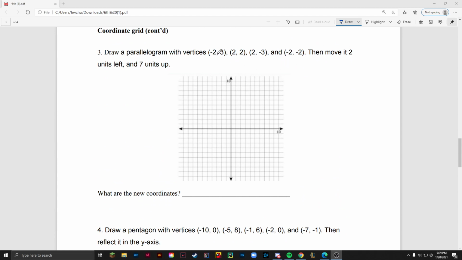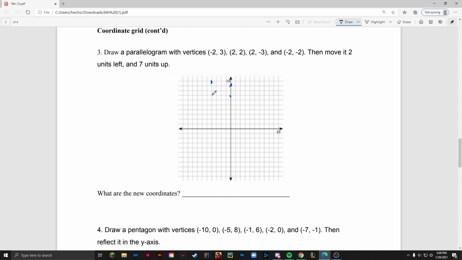So 2 units left, -2 minus 2 is going to be -4, 3 plus 7 is going to be 10. Alright? 2 minus 2 will be 0. 2 plus 7 will be 9. 2, -3, that's going to be 2 to the left, so 0 by 7.